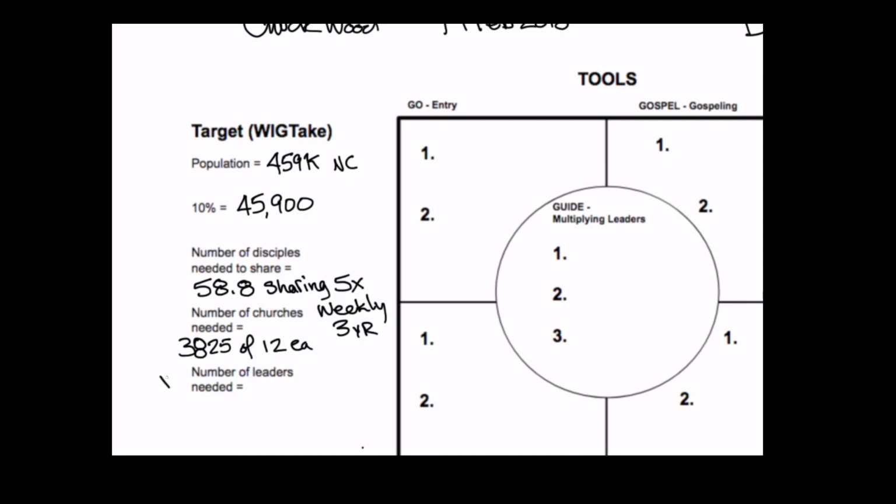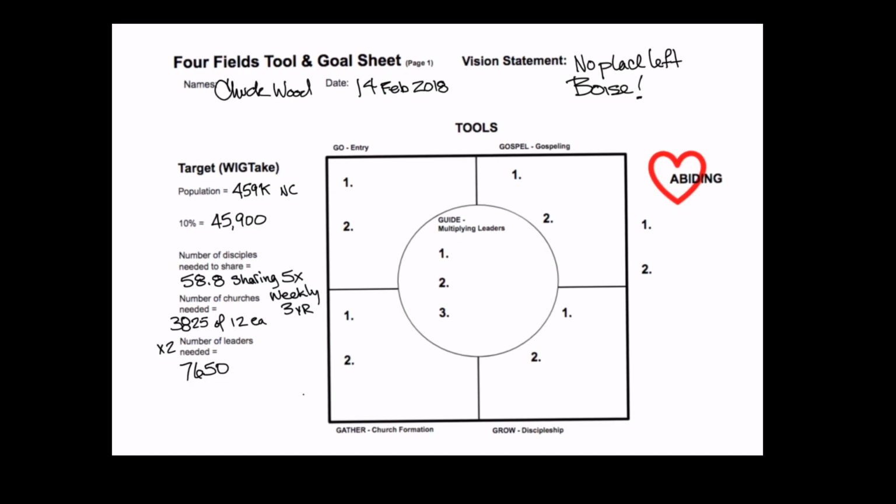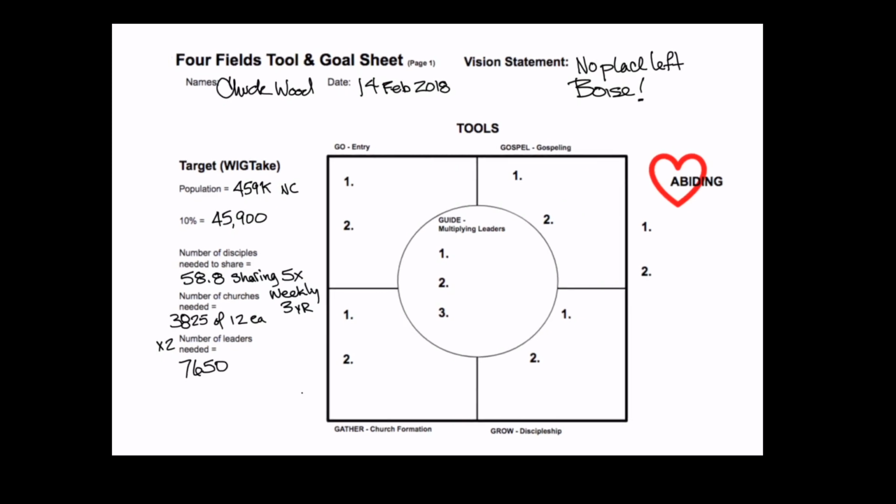And then we just want to double that number because I believe in the plurality of elders, so at least 2 elders in each church. So that would be 7,650.